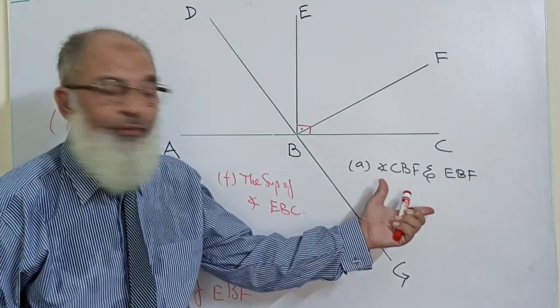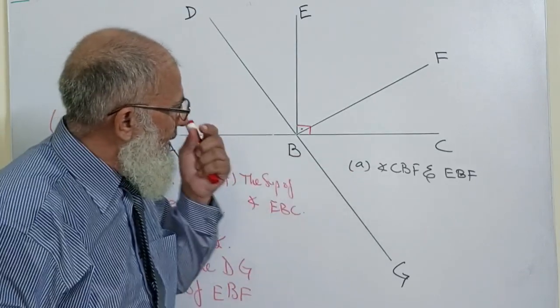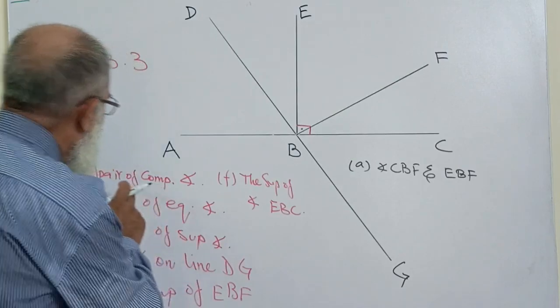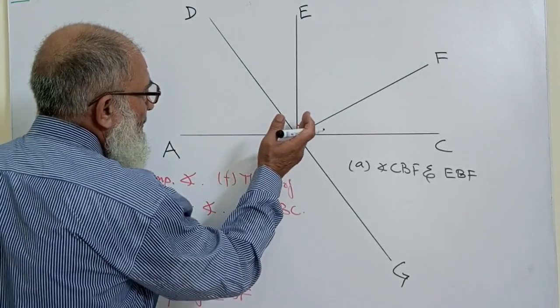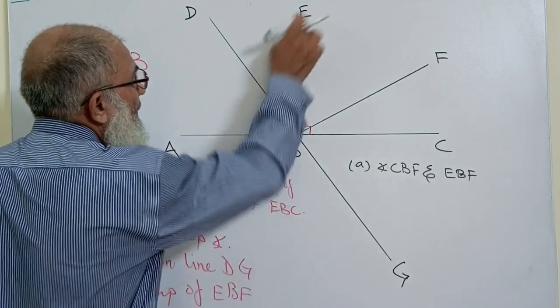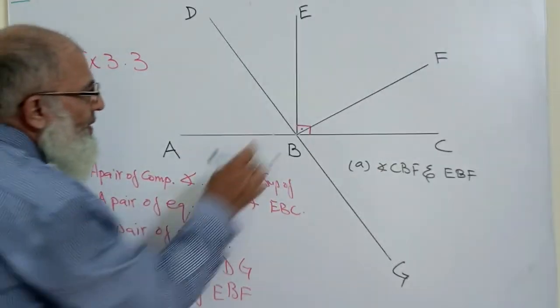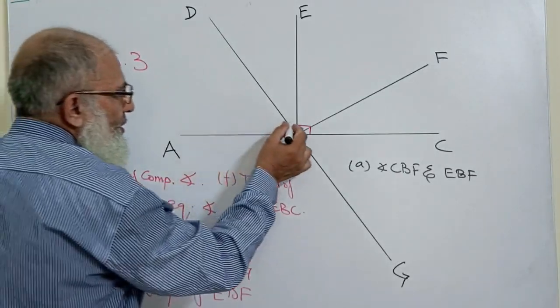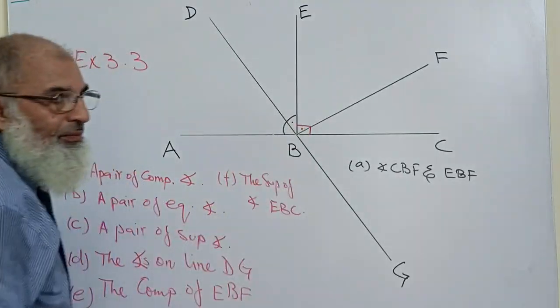Now, as I told you, there may be several answers to this first part. You can see at the left side that ABE is also 90 degrees. Since this is 90 degrees, therefore this has to be 90 degrees. Now this is also 90 degrees.